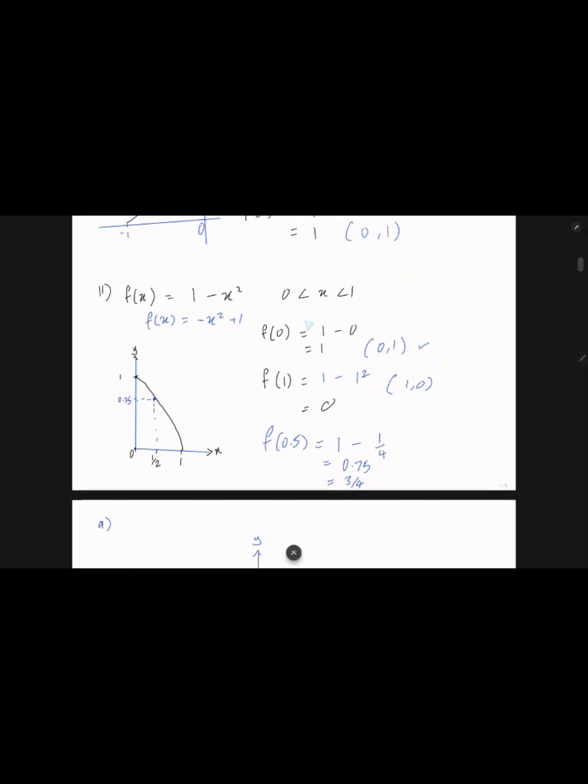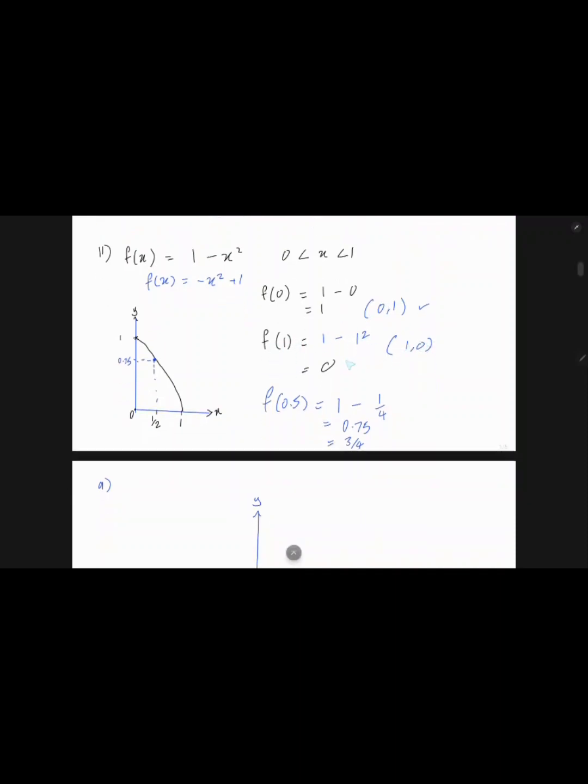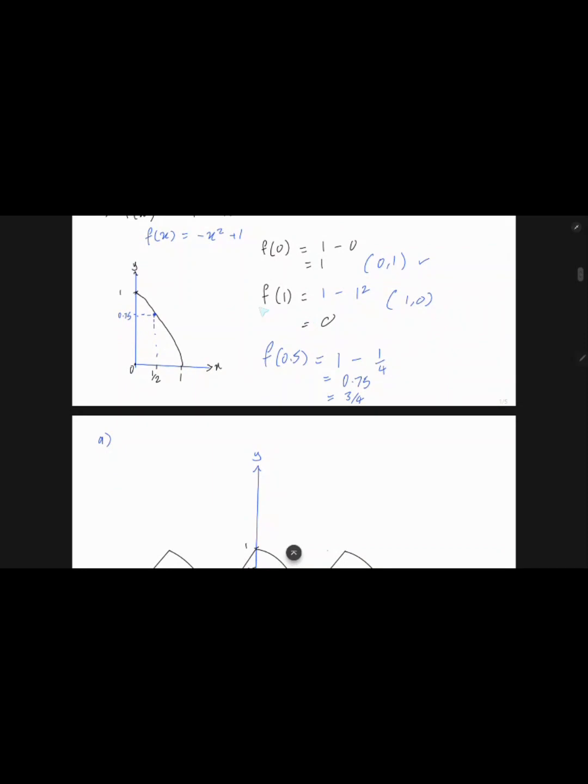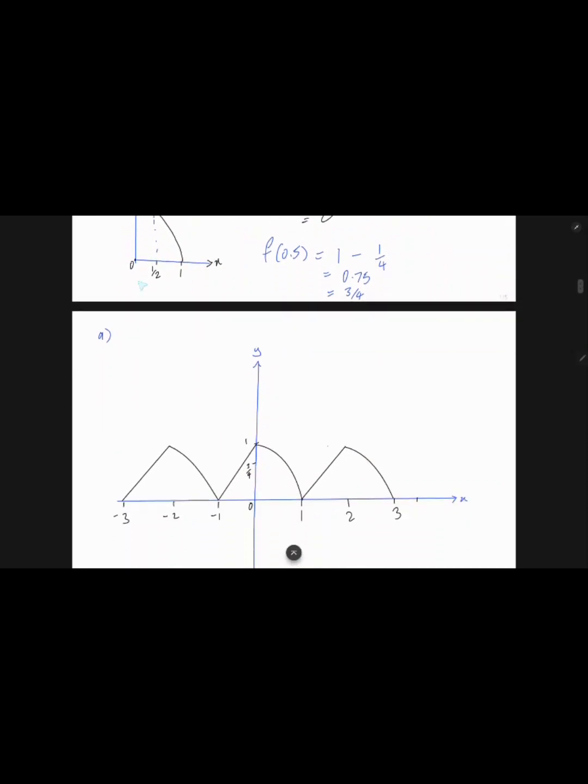So from 0 to 1, the middle point is 1/2 or half. So we put it into the equation. We get f(0) equal to 1, so the coordinate (0, 1). f(1) we get 0, so coordinate (1, 0). f(0.5) or f(1/2), we get 3/4. So this is the graph that we get.